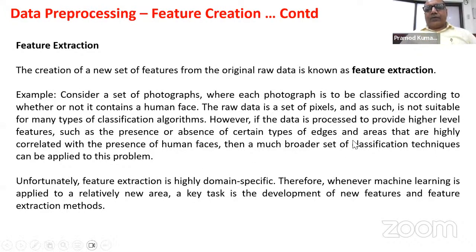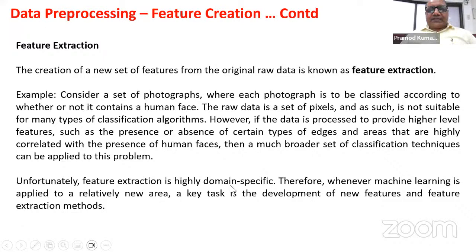If we go for the detection of edges and a lot of other features, on that basis we can say whether a human face is there in the image or not. This example is simply to tell you that if we have raw data, we may need to extract the useful features on which we will work to get the actual output from our algorithm. So that is basically feature extraction: we need to extract the features from the raw data.